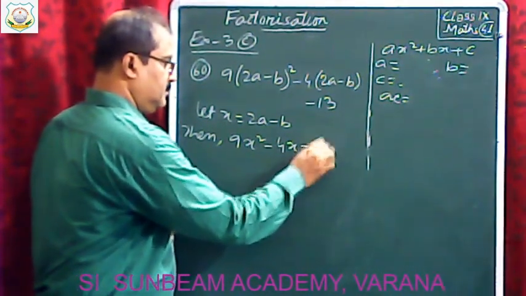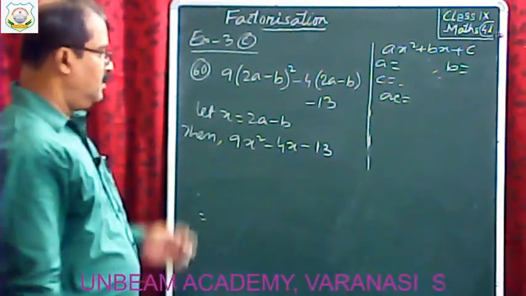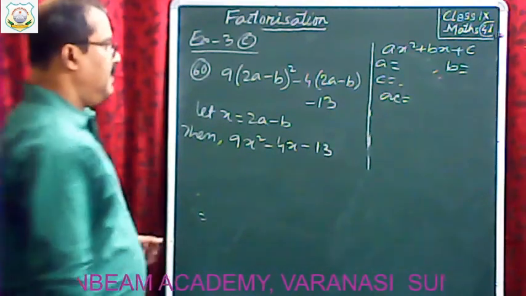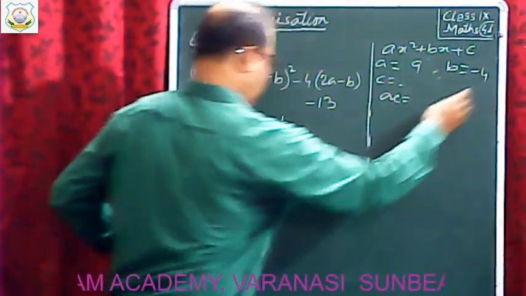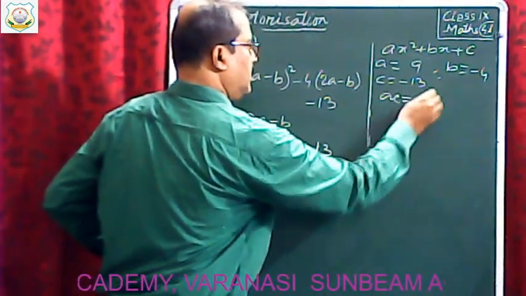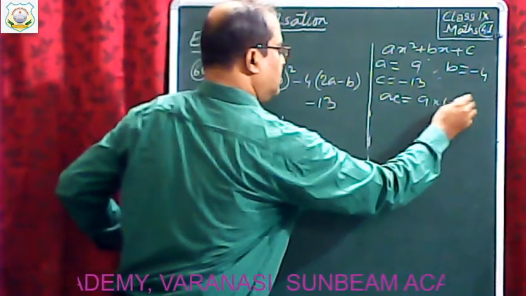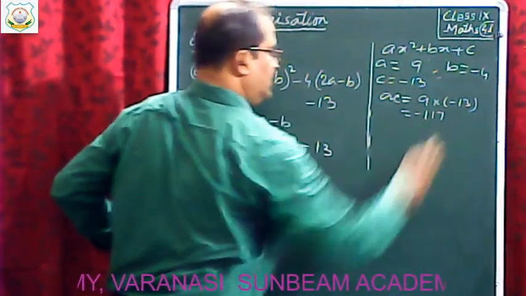Okay, and thereafter accordingly we have to split up the middle term. A is 9, b is minus 4, c is minus 13. Product of AC, 9 into minus 13, that is minus 117.